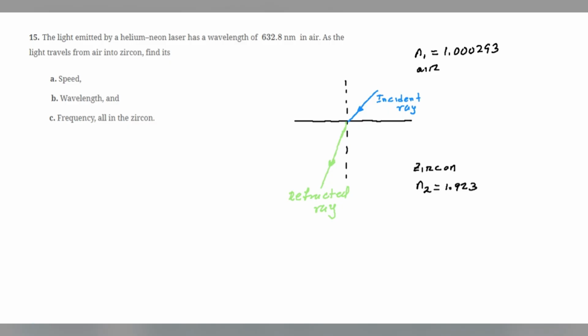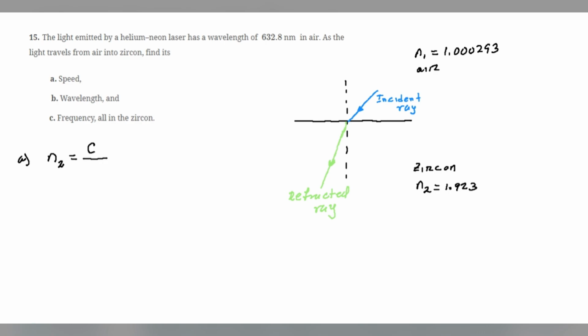So to calculate the speed, I can use the relation that exists between the speed of light in vacuum and the speed of light in a medium different from vacuum. So I know that the index of refraction, in this case the index of refraction n sub 2, the index of refraction of the zircon, would be equal to the speed of light in vacuum, c.